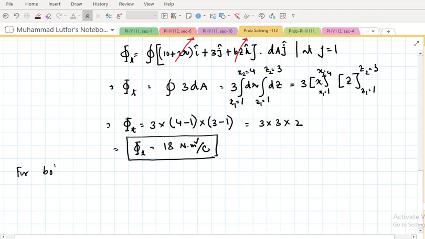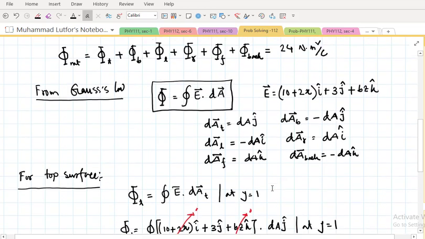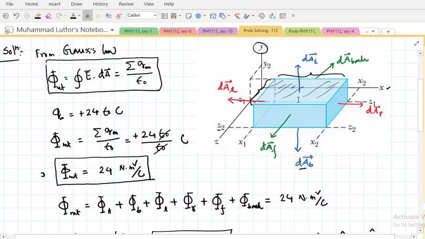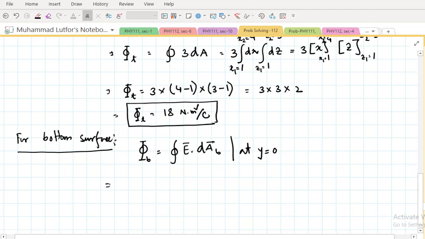For the bottom surface, phi b is going to be the enclosed E dot dA bottom, where the bottom is when y is 0. You can find that this is your bottom surface when y is 0. Fine. So I'm going to put that value.